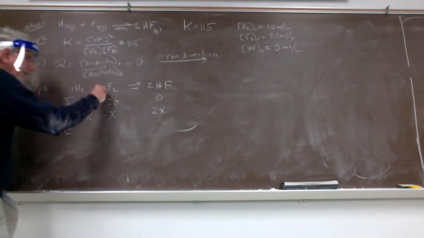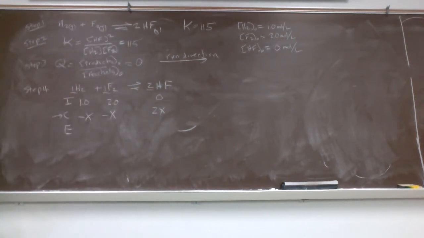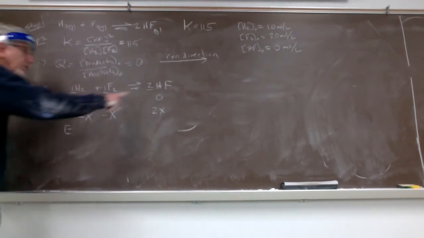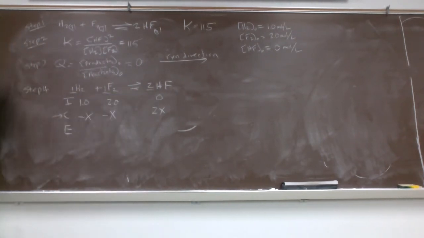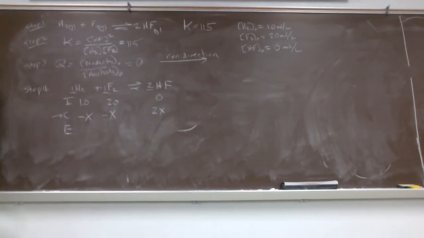How do we know that? Based upon the stoichiometric coefficients, the 1-to-2 ratio. For every mole of hydrogen reacted, you get 2 moles of HF. So if X moles per liter of hydrogen are reacted, we're going to get 2X moles per liter of HF.